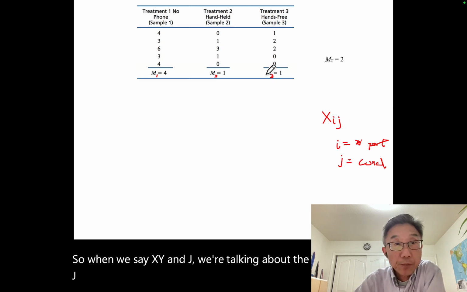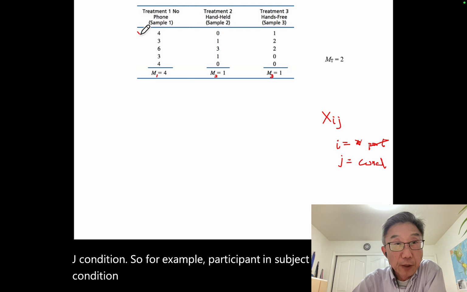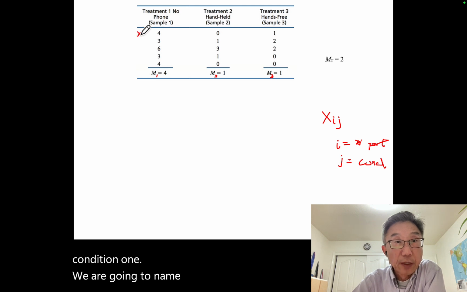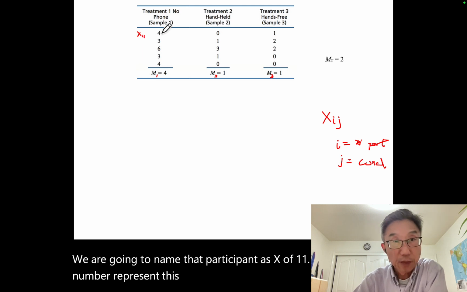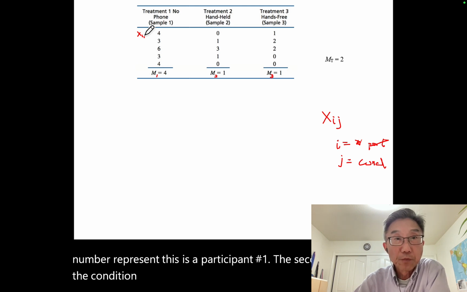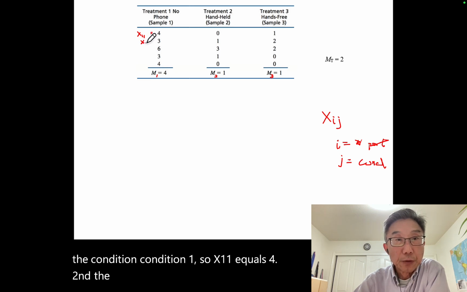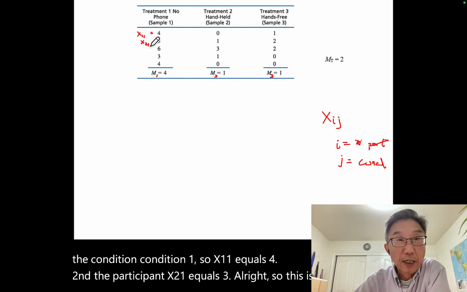For example, subject number 1 in condition 1, we are going to name as x of 1, 1. The first number represents participant number 1, and the second number is condition 1. So x11 equals 4. The second participant, x2,1 equals 3. This is the second subject in condition 1.